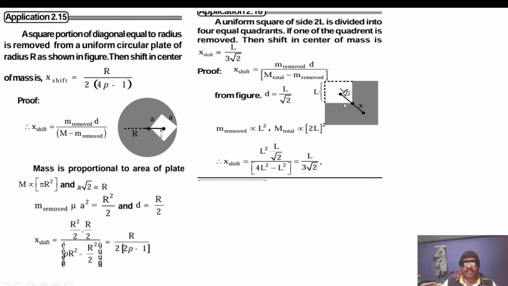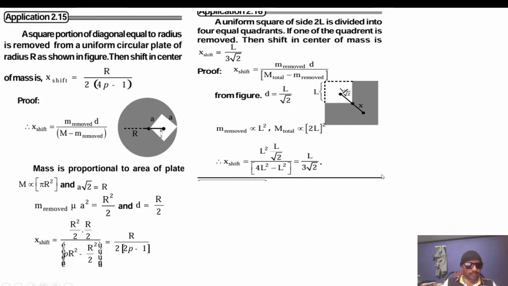This is the formula. Similarly, here it is a uniform square itself, and from that square we have to remove a square plate. So that's why L by 3 root 3.